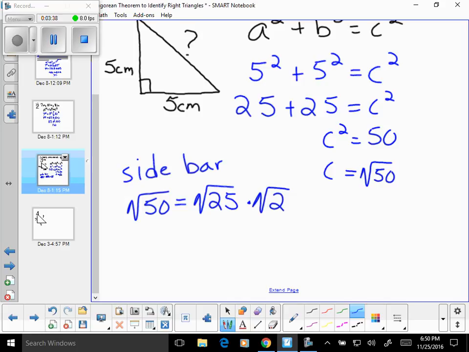And the factor is going to be 2 times 25. Now, another way of looking at this is saying, okay, the perfect square is 25 times 2. The square root of 25 is 5. The square root of 2 really isn't an integer. So I'm going to leave my answer as 5 times the square root of 2 centimeters.